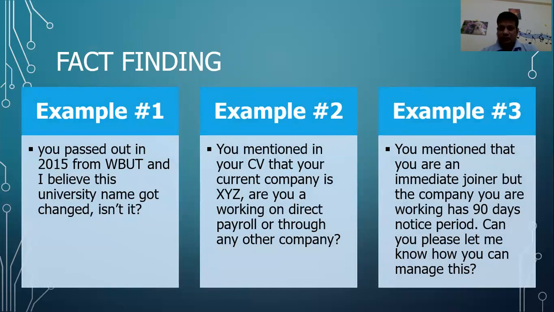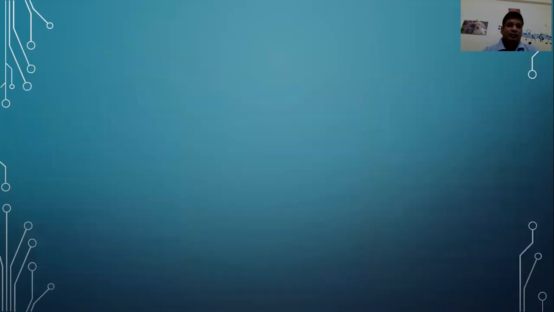Similarly, you mentioned in your CV that your current company is XYZ. Are you working on direct payroll or through any other company? Here you're asking for clarification. And also, you mentioned that you're an immediate joiner, but the company you are working for has a 90 days notice period. So how will you manage that? Are you serving notice period? Right? So these details you need clarification on.